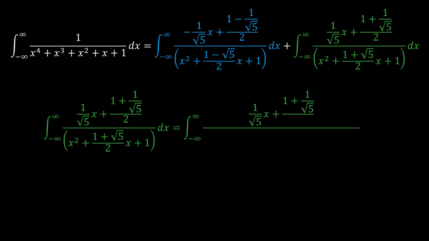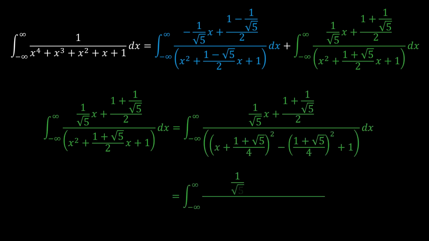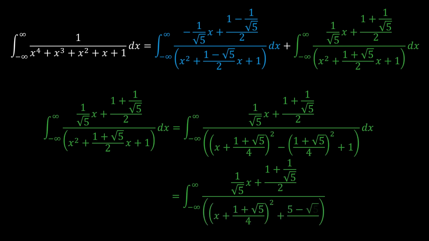We do that the same way: x plus 1 plus root 5 over 4 squared, and then we subtract the square of this term here. That simplifies into 1 minus the square of 1 plus root 5 over 4, which simplifies into 5 minus root 5 over 8.